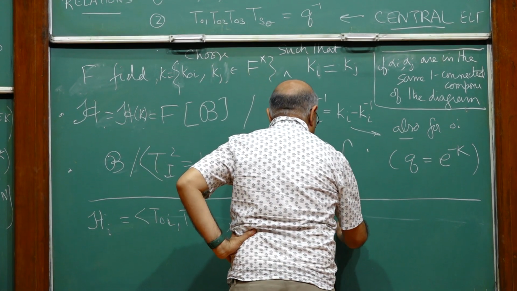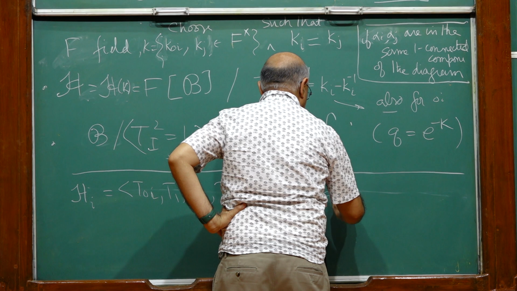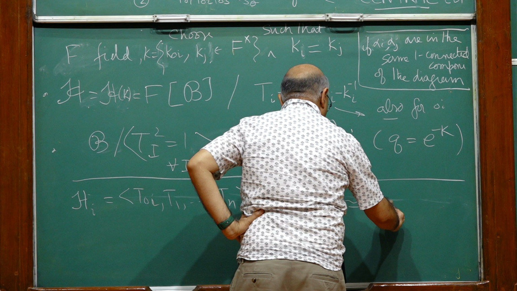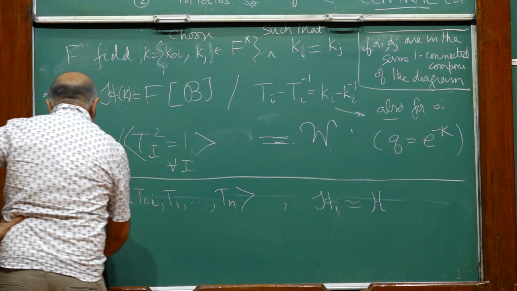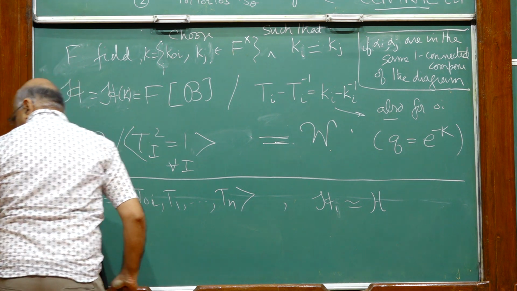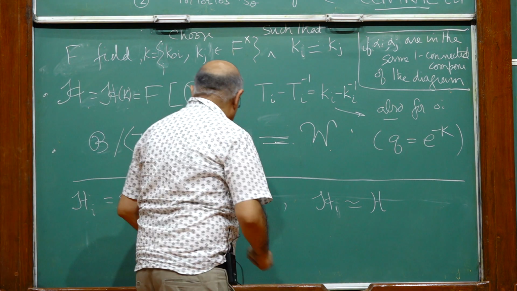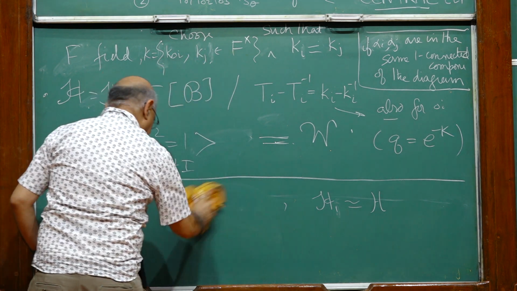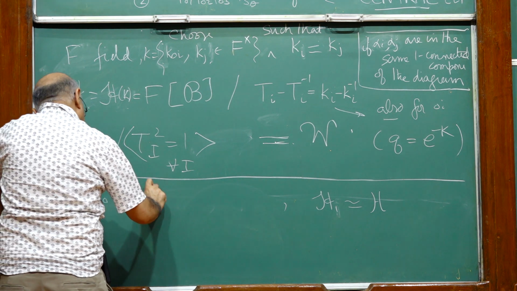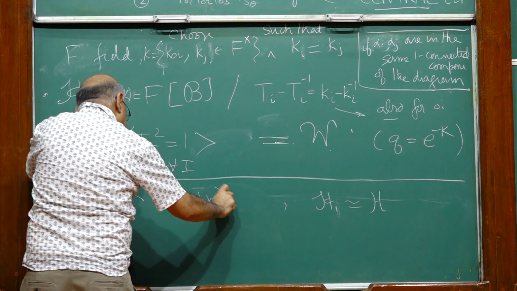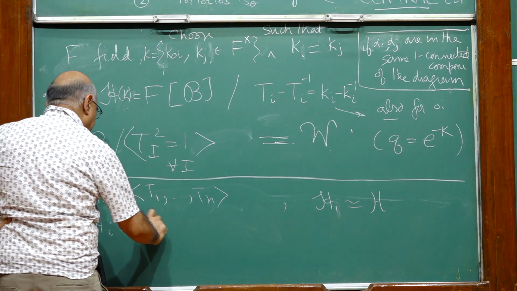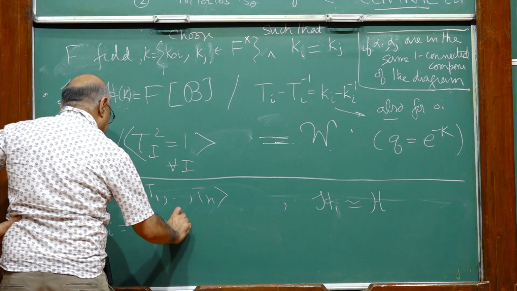H0 would be generated by T1 through Tn, and Hi would be generated by T0i and H0.